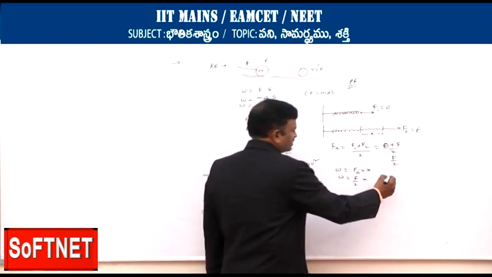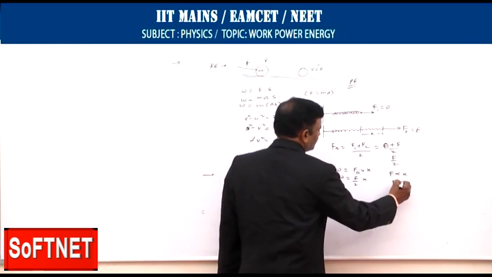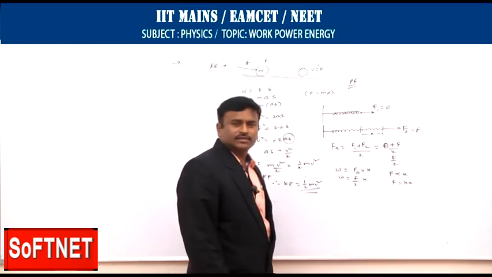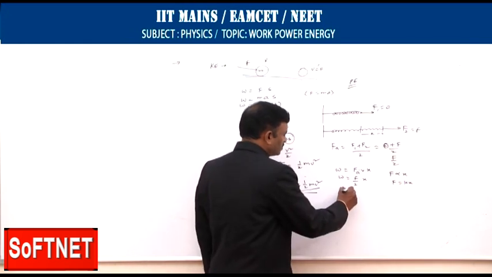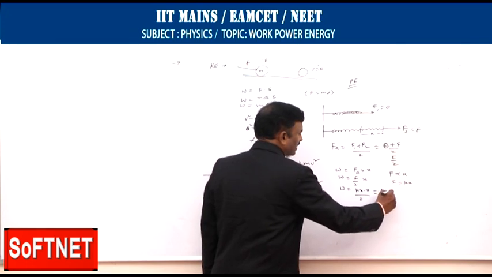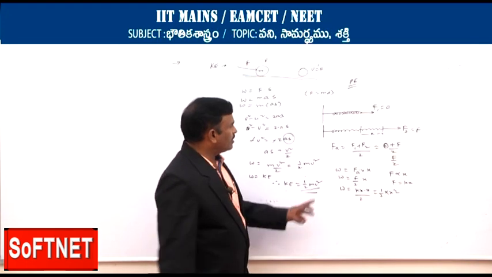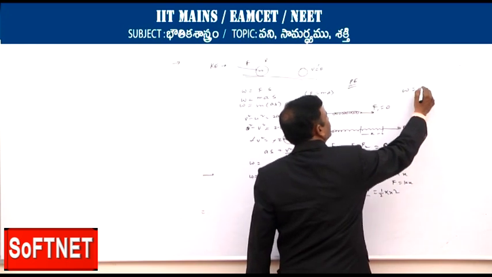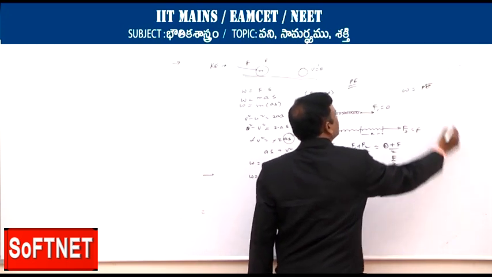But F is directly proportional to X. F equal to some K into X. So therefore W is equal to Kx into X by 2. That is half Kx square. Here the work done is equal to potential energy stored in the spring.